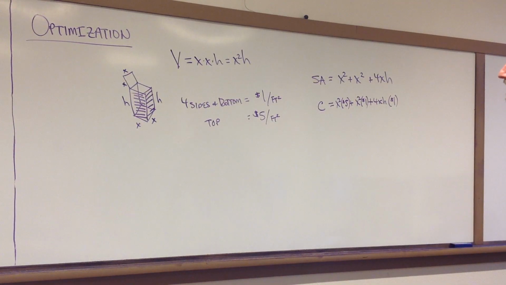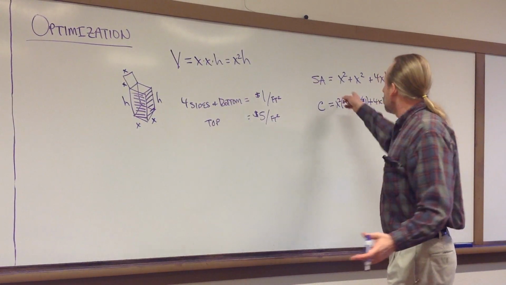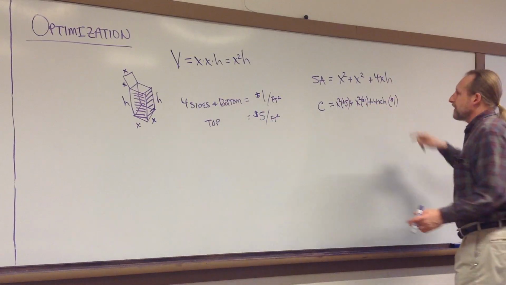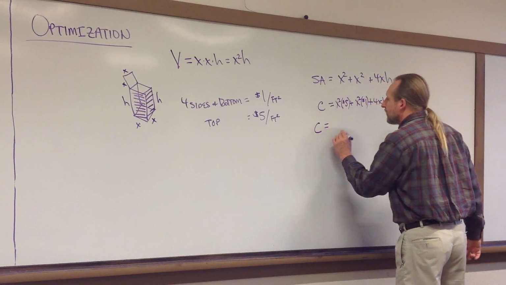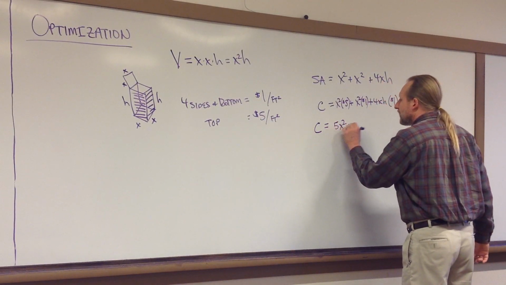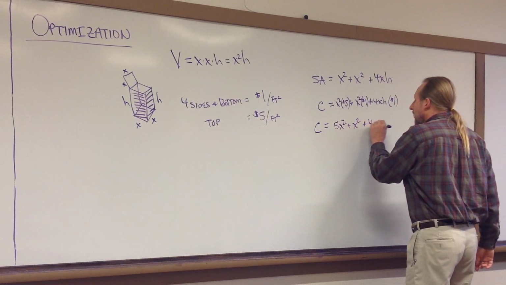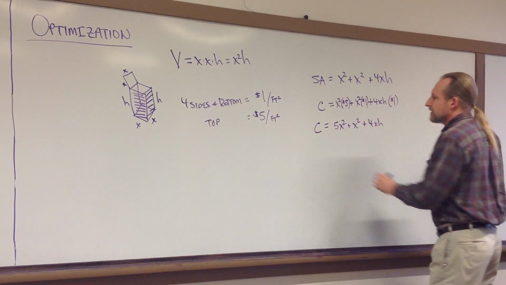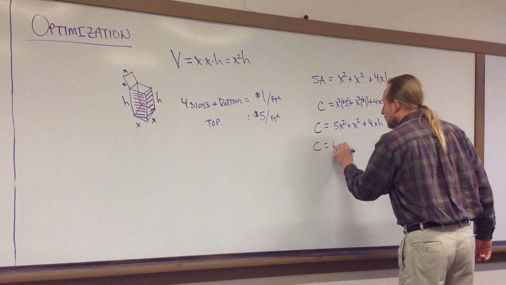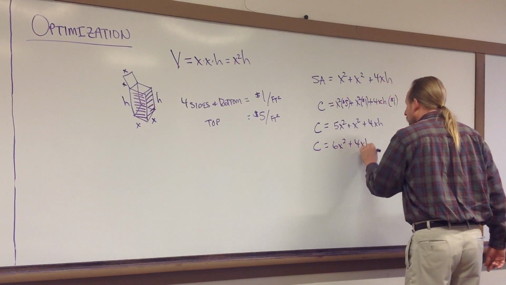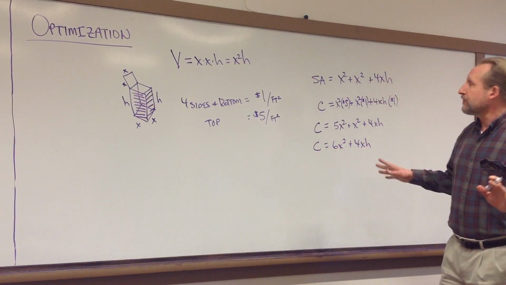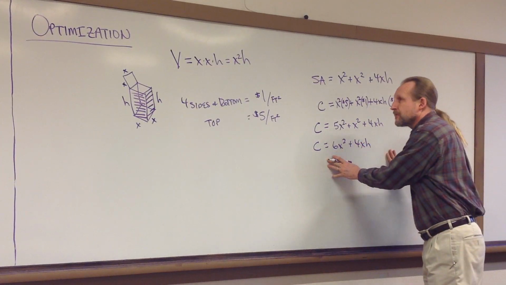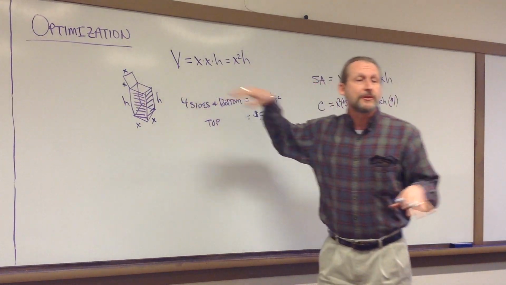So I've taken each piece and multiplied it by the cost for that piece. Our cost function is 5x squared, 1x squared, and then this 4xh stays the same. So our cost is now 6x squared plus 4xh. This is pretty typical for these problems. We've got a formula for the cost. We've got a formula for the volume.